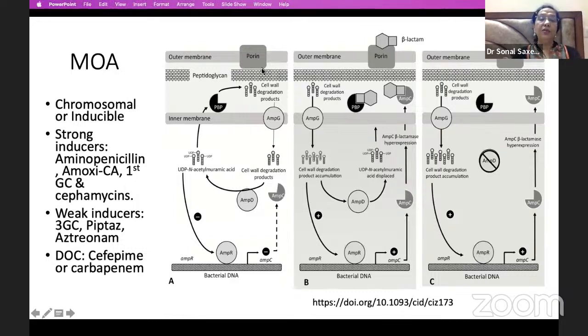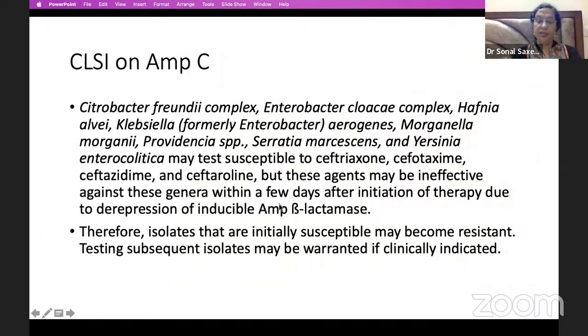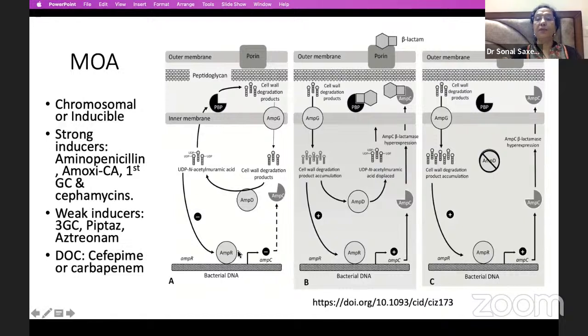Now, what is happening here is what is chromosomal, what is inducible, and what are the strong inducers. So if you see here, all beta-lactams are going to act on your penicillin binding protein, and they are going to create these cell wall degradation products. And in a normal situation, these are going to keep your AmpC derepressed. The control is in such a manner that it will keep it repressed. But what happens when a beta lactam comes?